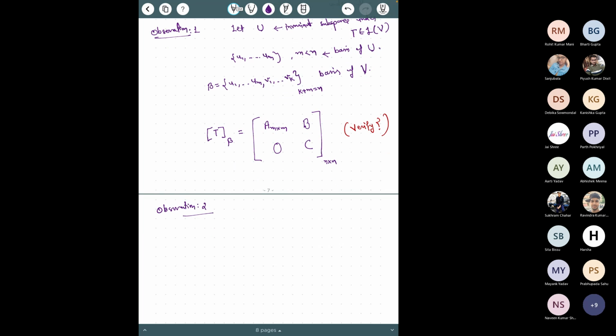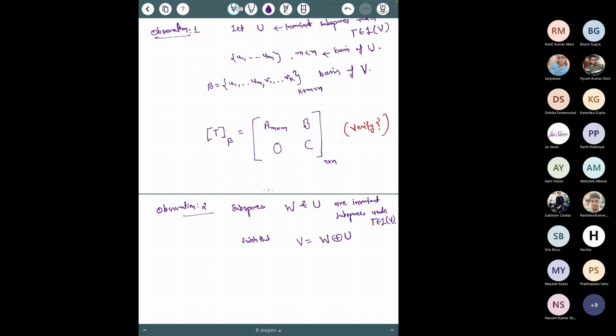So let us do something better than this. That means instead of one U, let's say we have two invariant subspaces, W and U, subspaces under T, and such that V is the direct sum of W and U. You know what is the direct sum, right?